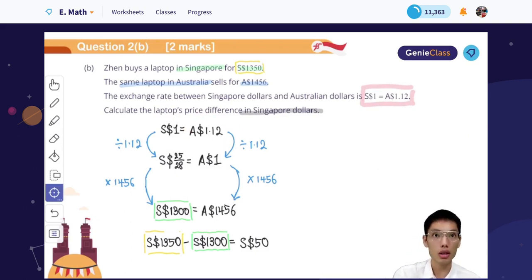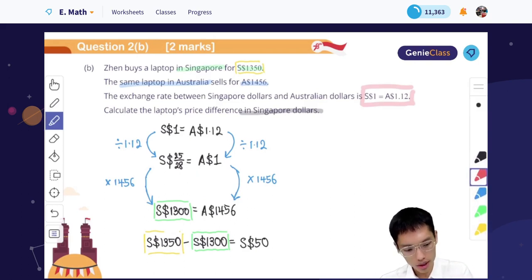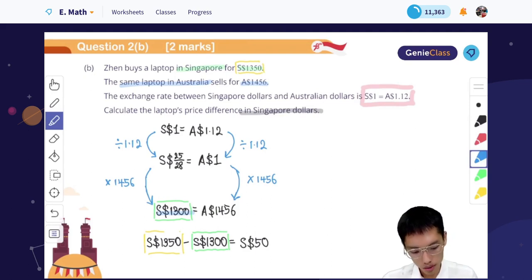Now I want Australian dollar, how much Sing dollar is it? Because this is in Australian dollars. If 1 Australian dollar is this amount, how much Australian dollar for 1456 in Singapore amount? Which in this case you realize it's actually lesser. So 1456 is actually in Singapore currency 1330. So all we need to do is find the difference over here.